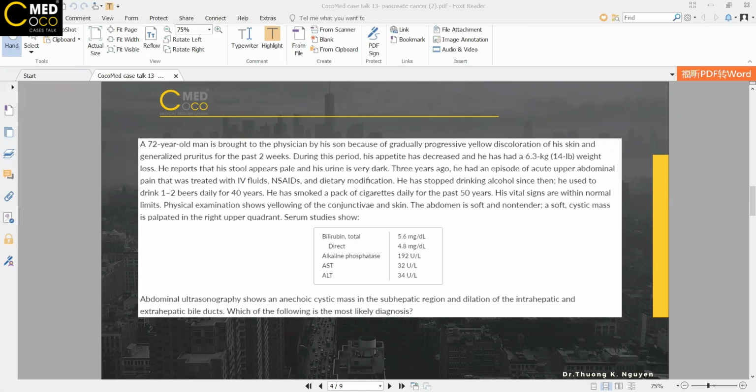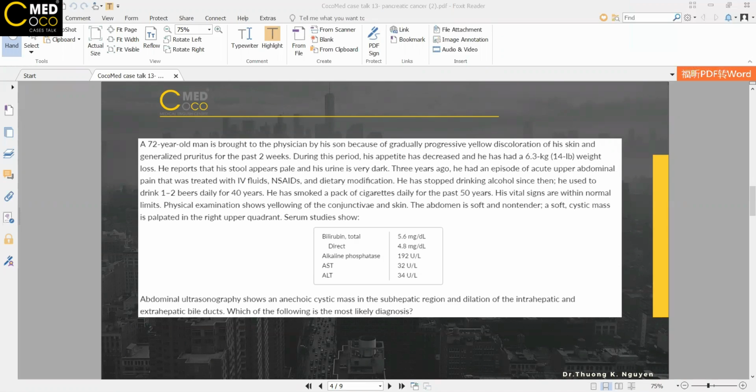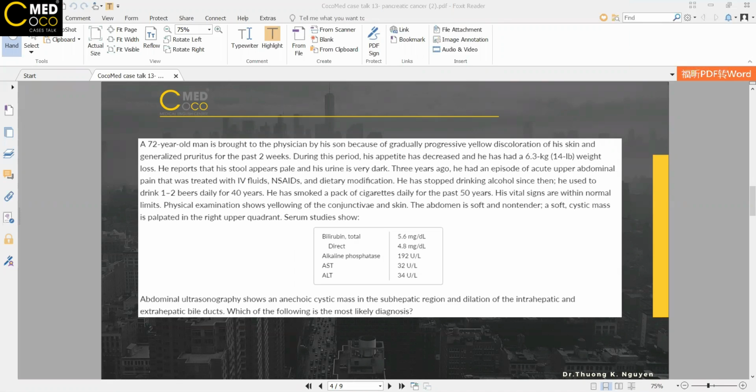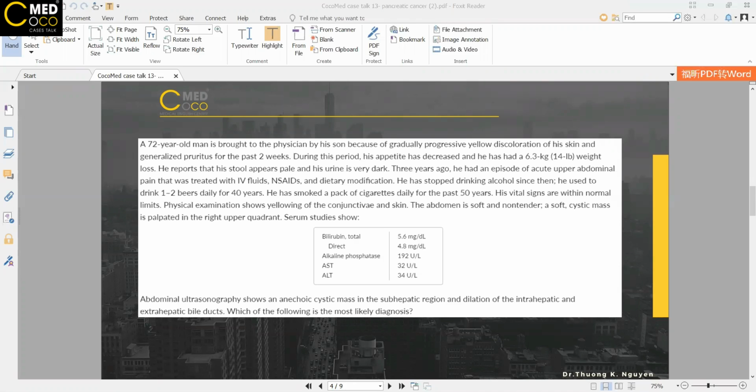3 years ago, he had an episode of acute upper abdominal pain that was treated with IV fluids and NSAIDs, and dietary modification.